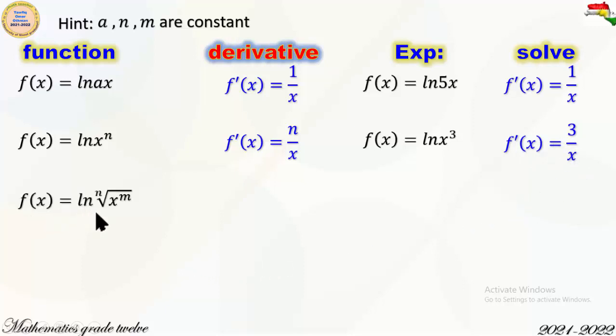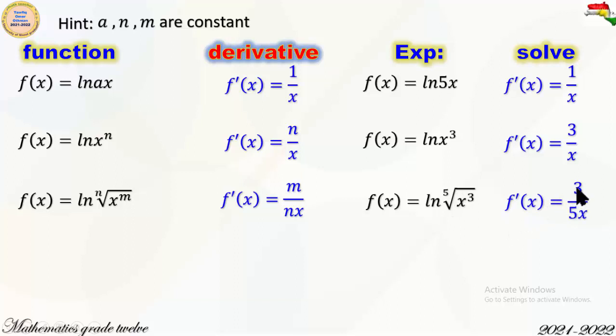F of x is equal ln of the nth root of x to the power m, then f prime of x is equal m over nx. For example, f of x is equal ln of the fifth root of x cubed, it becomes 3 over 5x.